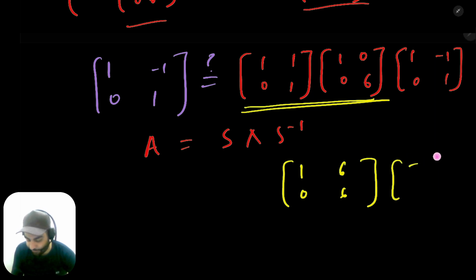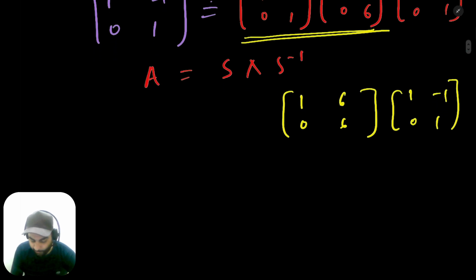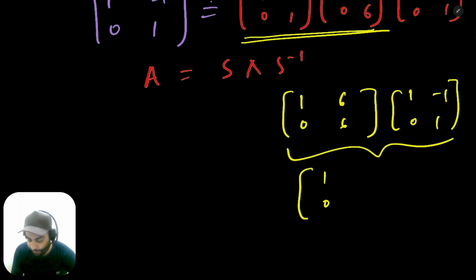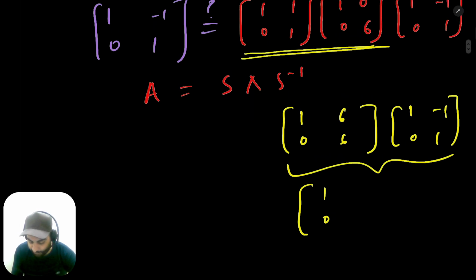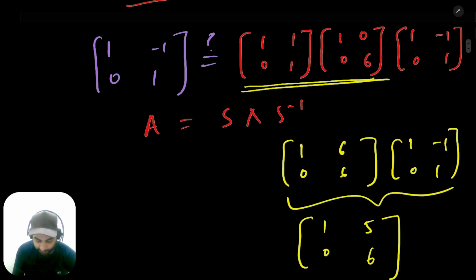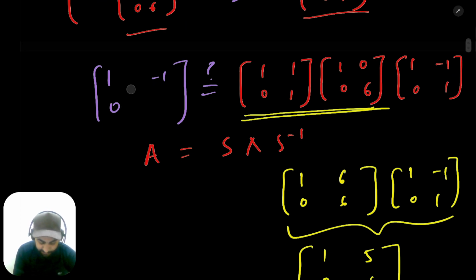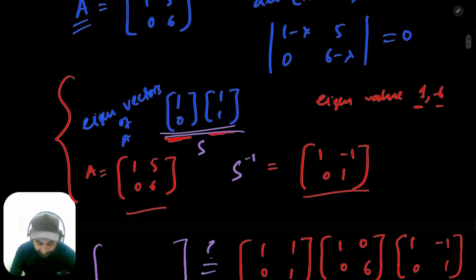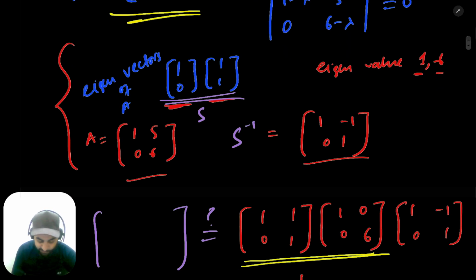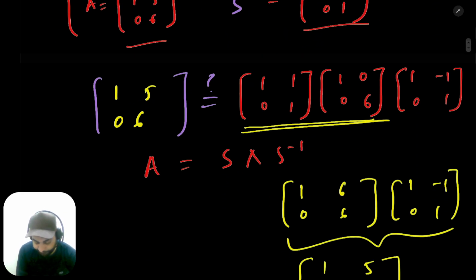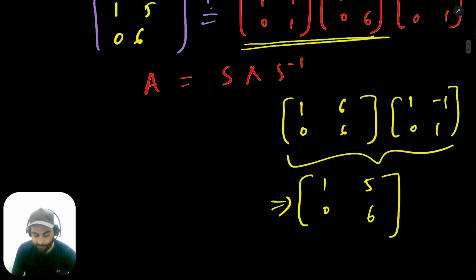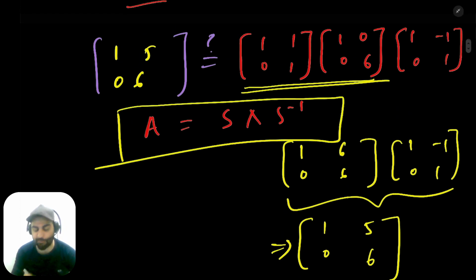Then multiply with the other matrix, 1 minus 1 0 and 1: that gives 1, 5, 0, 6. This is the matrix that we had. Sorry, this is our A matrix, 1506. So we got A equal to S lambda S inverse.